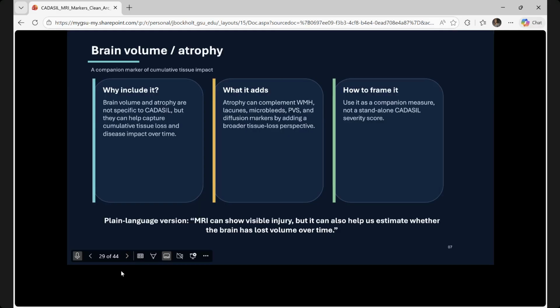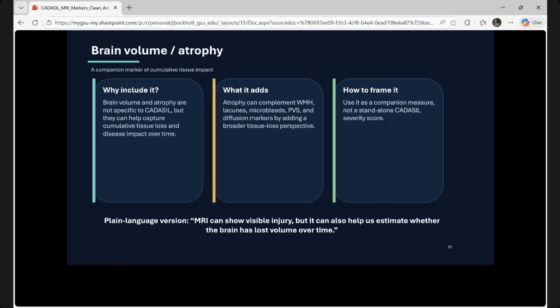Next slide. So atrophy is usually characterized as the loss of gray matter tissue. And so we do see this pattern as well.